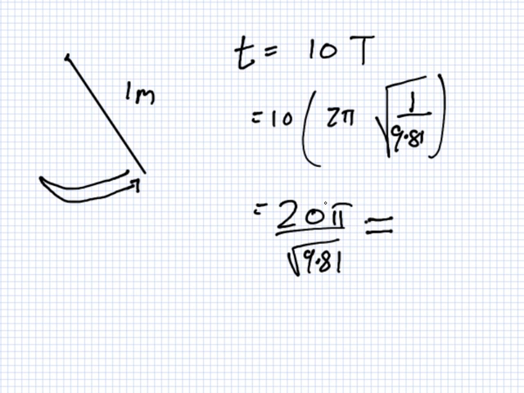T is time. Time for 1 swing. 20.0600751.